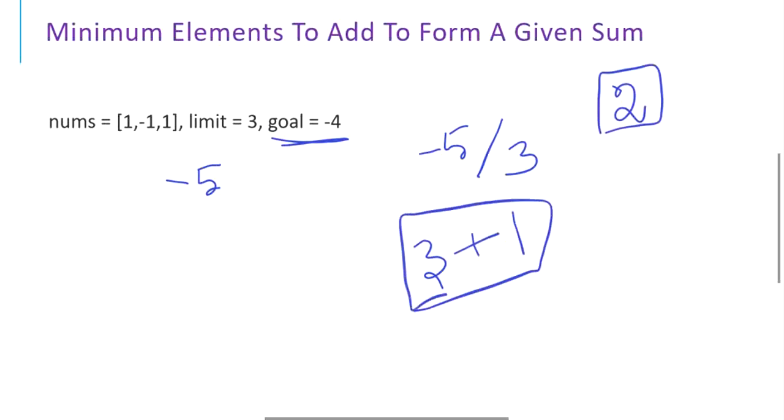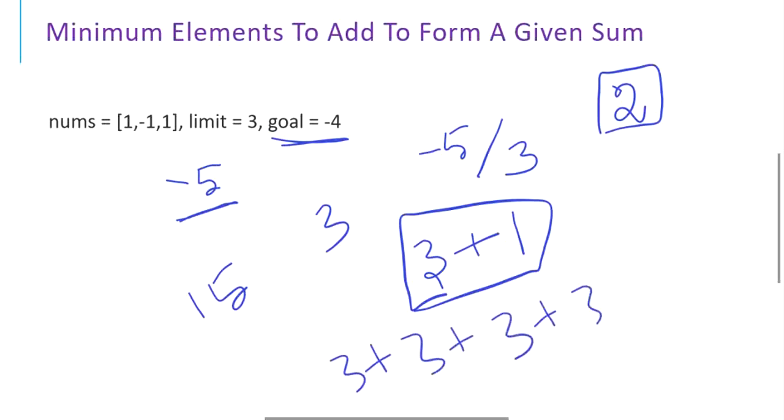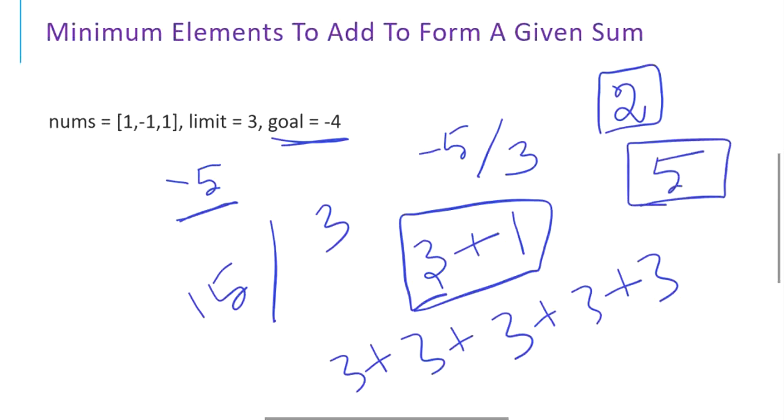If you're not understanding, if our difference is going to be 15 and limit is going to be 3, we need 5 3's to get our 15, right? So you will do 15 divided by 3, which is 5. So that many numbers you need to add to your array.